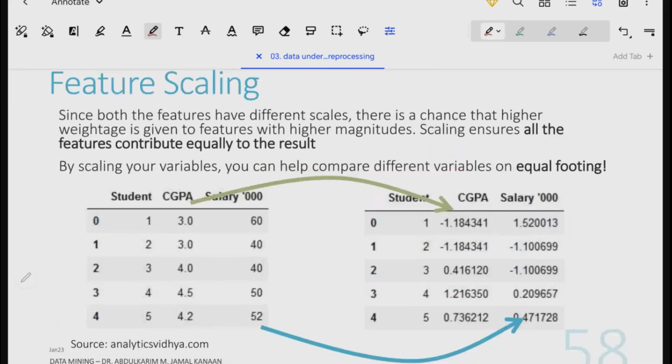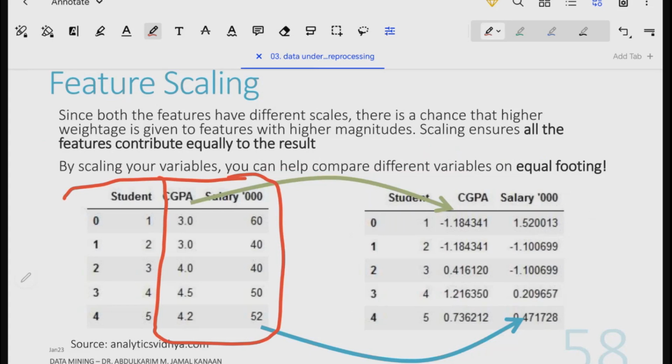Now, I'm just giving you an example to understand why scaling or transforming the data can be important. If you look into these two columns, we have two numeric attributes, okay? The range for CGPA is between 0 and 5, correct? While the salary might be much greater. As I said, some algorithms are sensitive, or the quality of their results will be affected because of their sensitivity, okay?